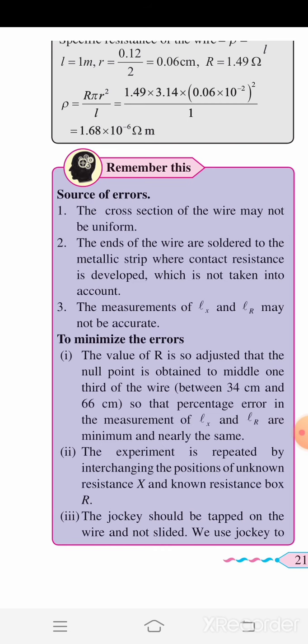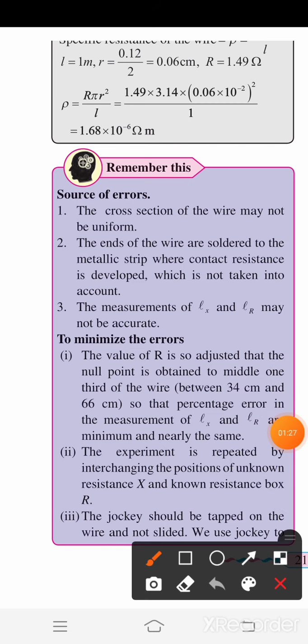In the use of Wheatstone's meter bridge, some errors are produced. These errors occur in the measurement of unknown resistance, so there are some sources of errors in the measurement of unknown resistance.